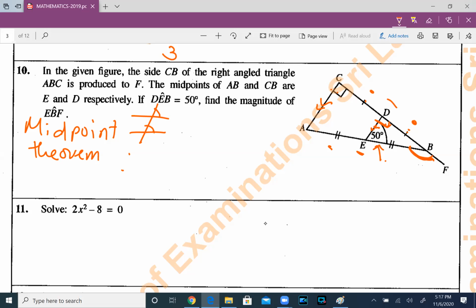This is 90, this is 50, so this should be 40, because the angles of a triangle add up to 180. So if this is 40, and this is a straight line, this is 140 degrees, because angles in a straight line add up to 180.